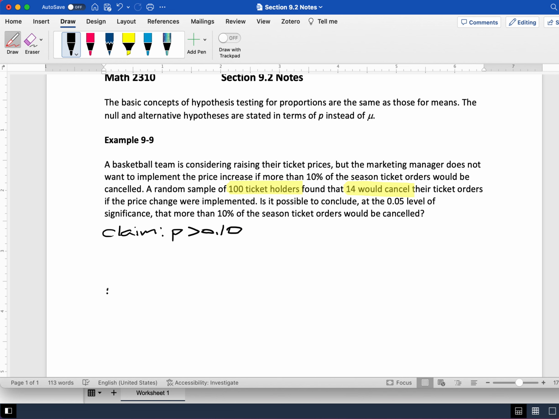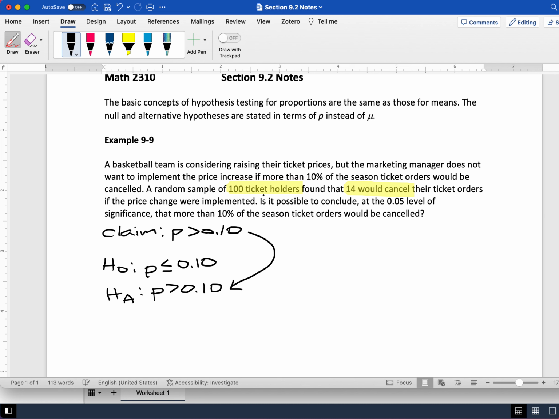So our alternative hypothesis is that p is greater than 0.10. And our null hypothesis is going to be the opposite of that. So our claim leads us to our alternative hypothesis. The null hypothesis is the opposite, so p is less than or equal to 0.10.